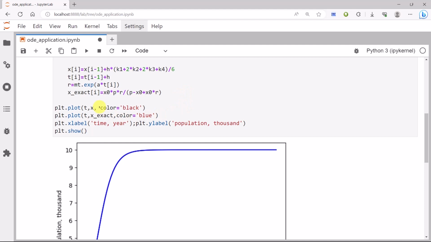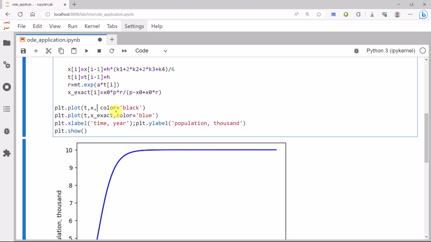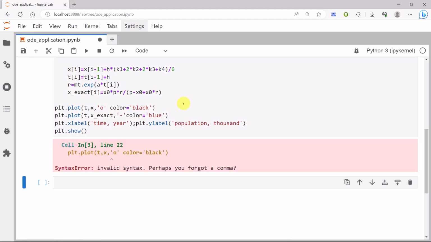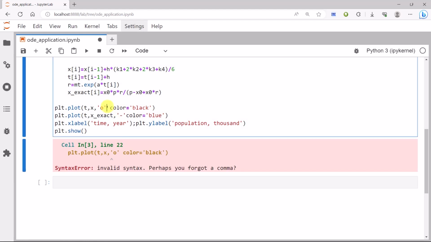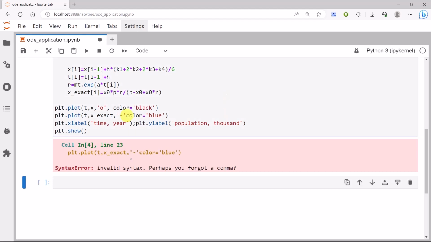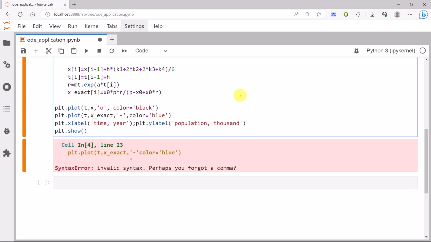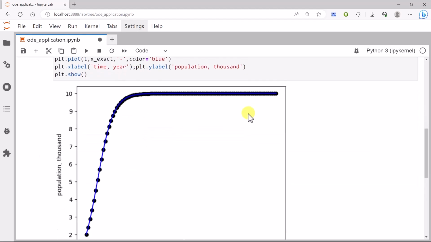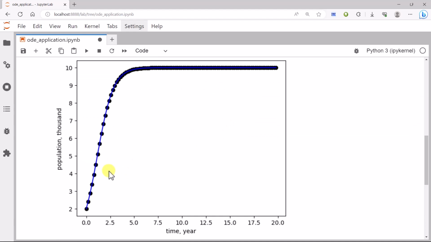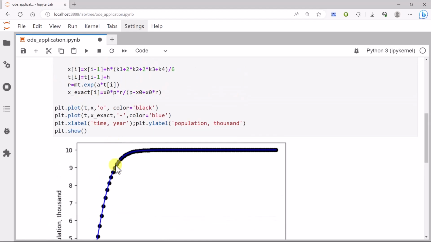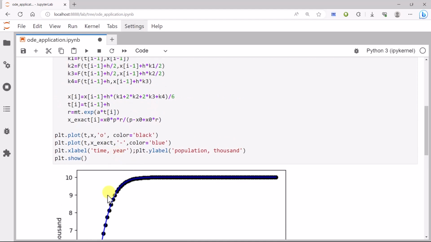So we give my black a symbol and give the blue a line. Let's plot it once again. Put the comma here, here also and then put a comma. Now we can see one over the other is coming, and because it is a line, it is connecting over these black dots and line we can see now.